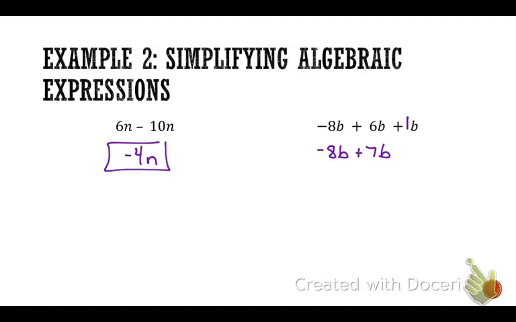Because 8 is larger. Different signs. Does everybody recognize they were different signs? One was positive, one was negative. Subtract and take the sign of the larger number. Negative 1b, or you could just say negative b.